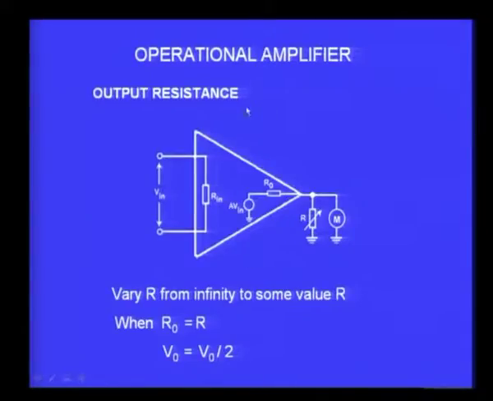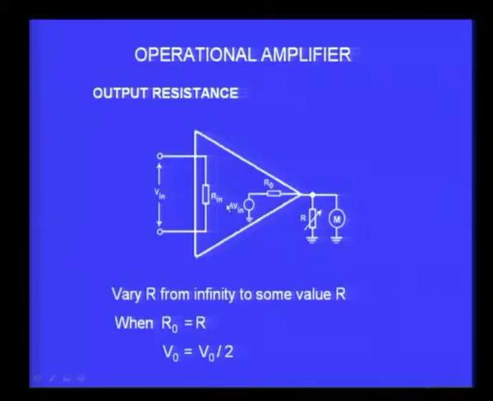Now, if you go on to the equivalent circuit of an operational amplifier, between the two input terminals you have the resistance which is called the input resistance, which we measured last time. Now, on the output side, what you have is a voltage source which is actually having a value of A into V in, where V in is the voltage that is impressed between the two input terminals.